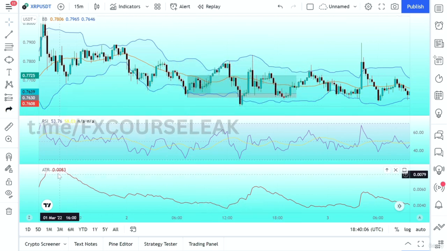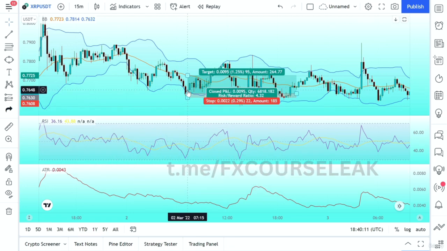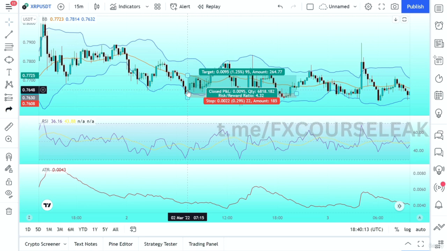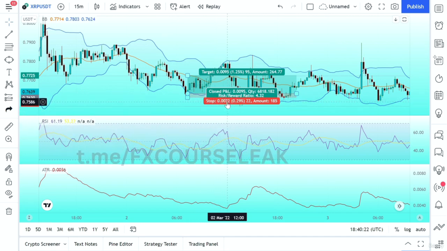Thirdly, I will open an ATR, the average true range indicator, and I will check the ATR value for this specific candle. For this candle, the ATR value is 0.0043, and the stop value at the wick of this candle is 0.0022.